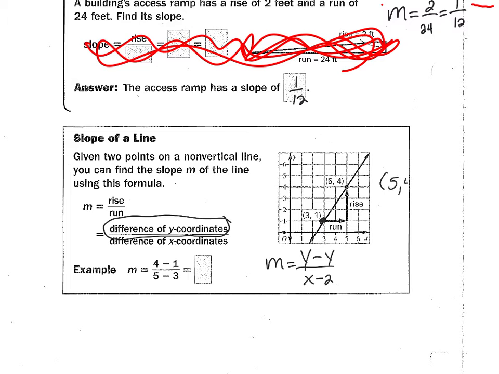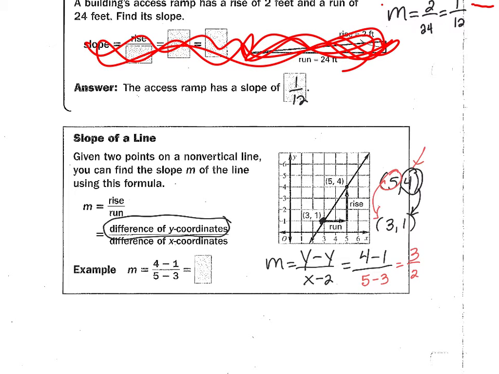So if I have this ordered pair 5, 4, and another one 3, 1, whatever I start with the first y, I'm going to take 4 and I'm going to subtract that one, the 1. So if I put 4 minus 1, I have to go back and take the 4's x value for the denominator. I take 5 minus 3. And I get a slope of 3 over 2.